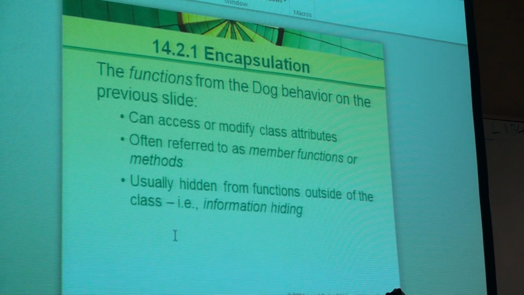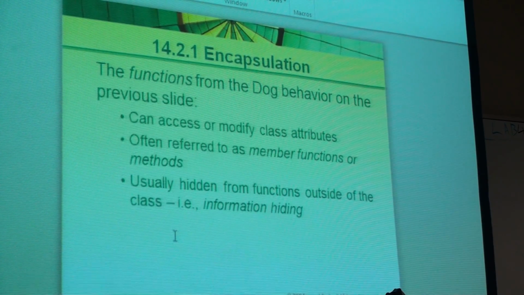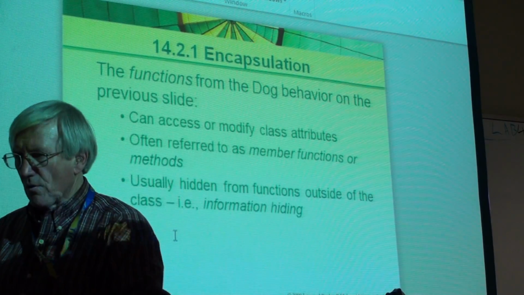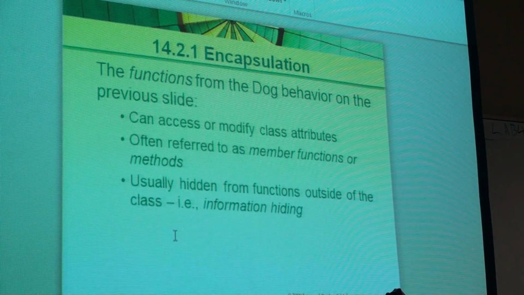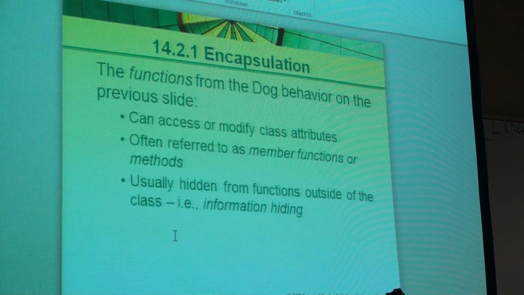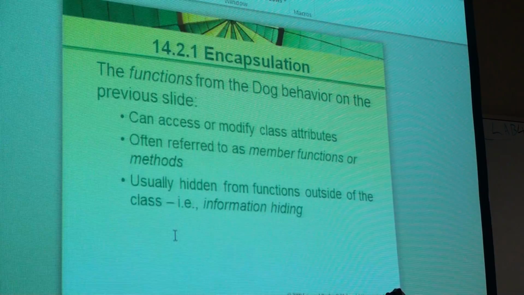Functions, methods, they're often referred to as member functions or member methods. When we talk about member, that qualifier is really important because bark only refers to Webster if we have the object Webster, right?